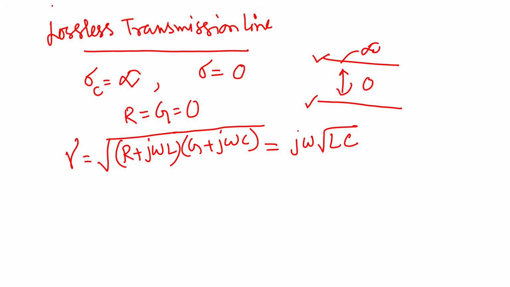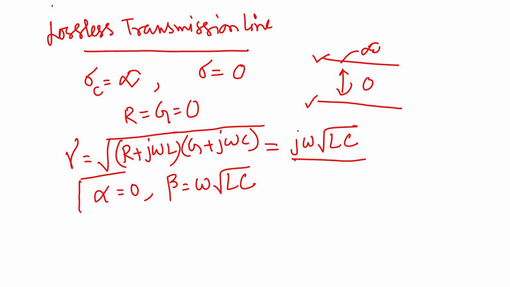From this value of gamma we can write that alpha will be equal to 0, because in gamma there is no real term present, and beta will be equal to omega under root LC. This is a very important equation related to the lossless transmission line: alpha is equal to 0 and beta is equal to omega under root LC.